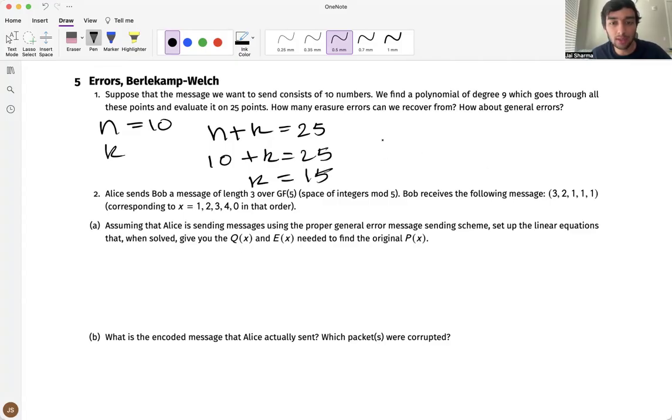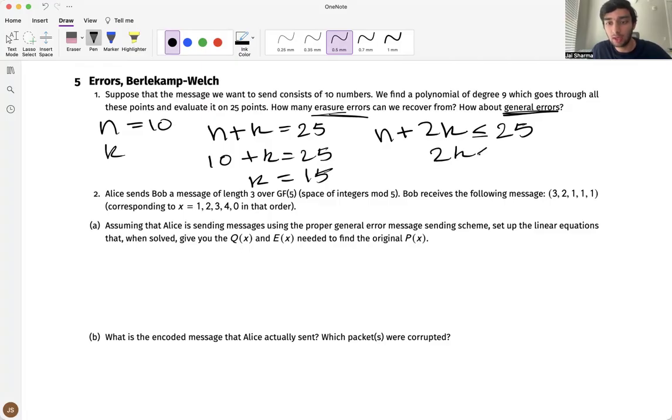Okay. And in the case of general errors, as opposed to erasure errors, it's n plus 2k, right? And the number of points that we send has to be less than or equal to 25. And you'll see why I'm doing the less than or equal to. It's because 2 does not evenly divide 15, right?